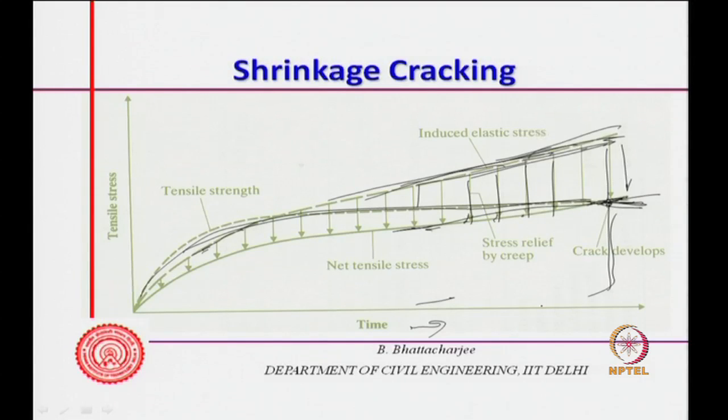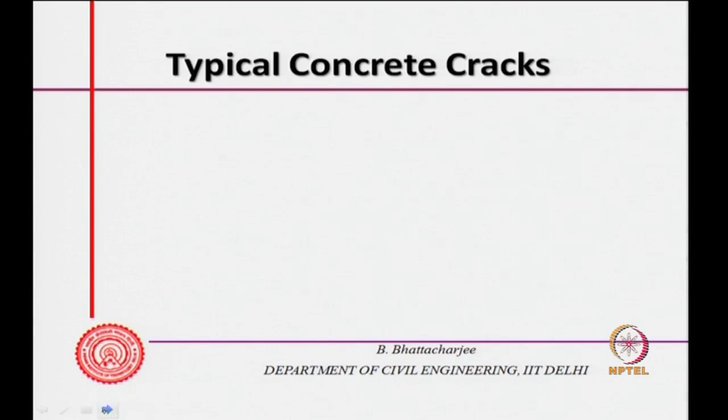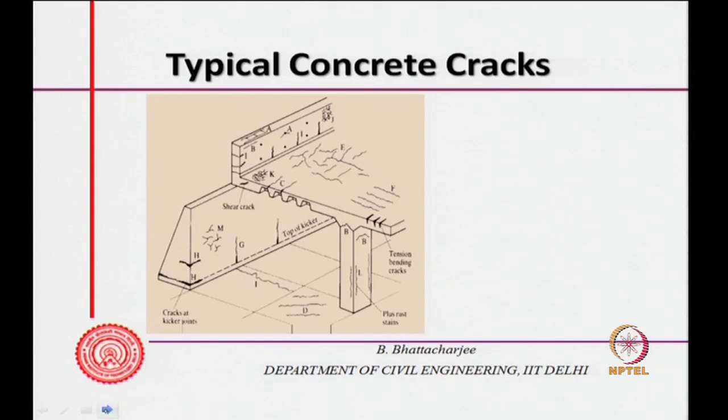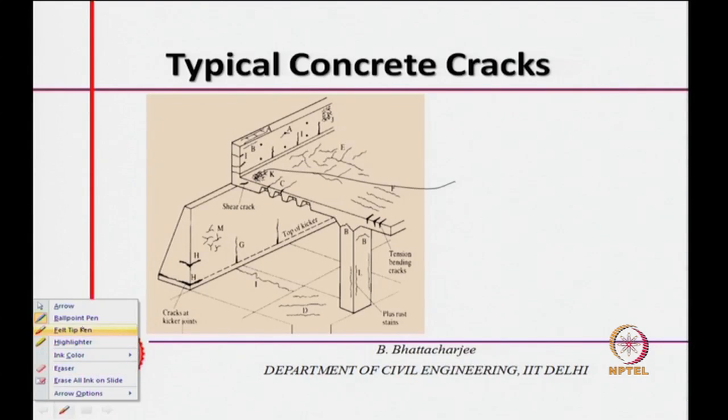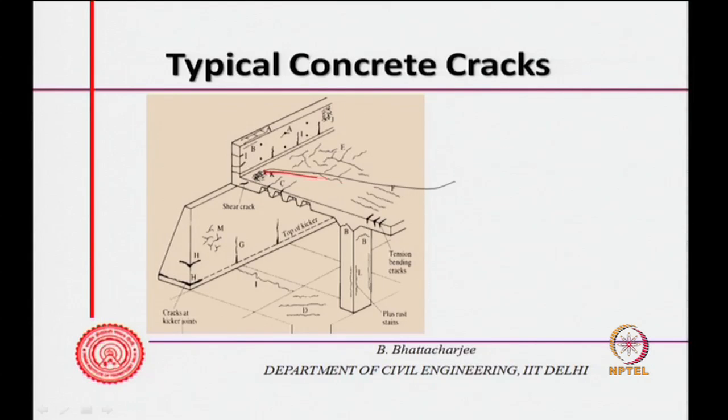This is drying shrinkage cracks. Other kinds of cracks that come out of shrinkage can be seen in this diagram. Typical concrete cracks, for example, this is fine crazing. This is called crazing.